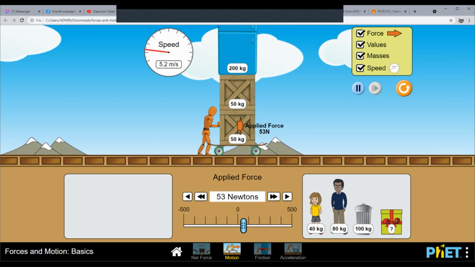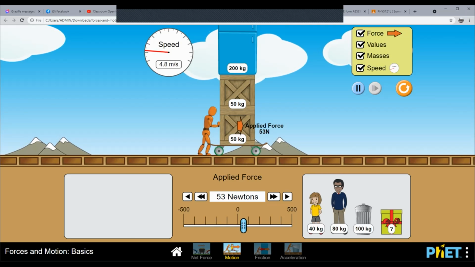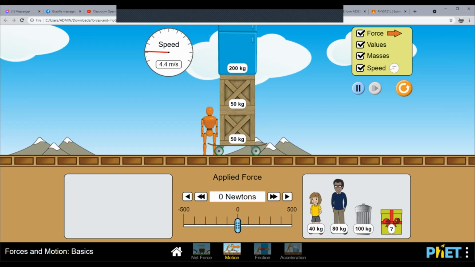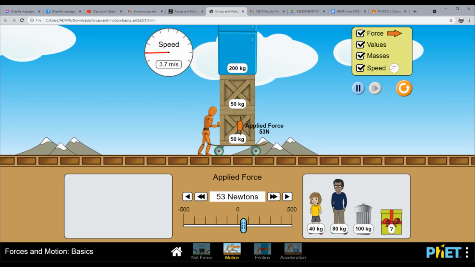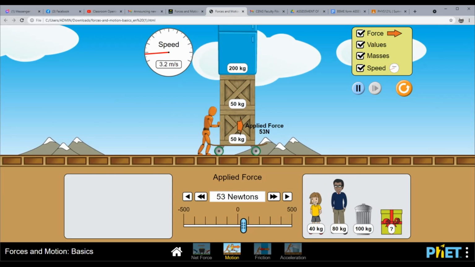You have the applied force is 53 Newton this time. Kanina 50 Newton. So dito, applied force na niya is 53 Newton and the applied force is going to the left.